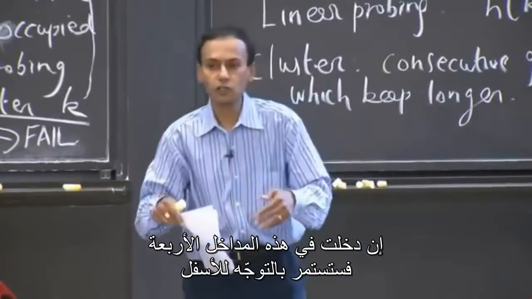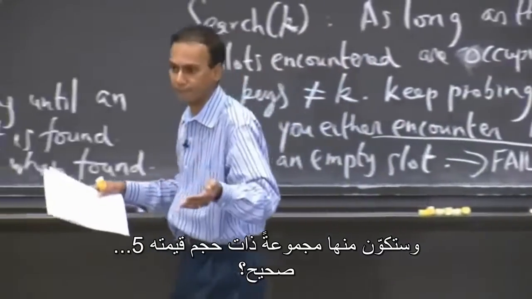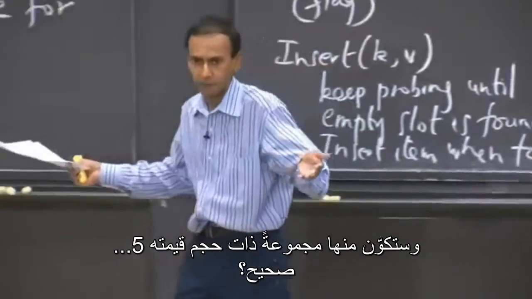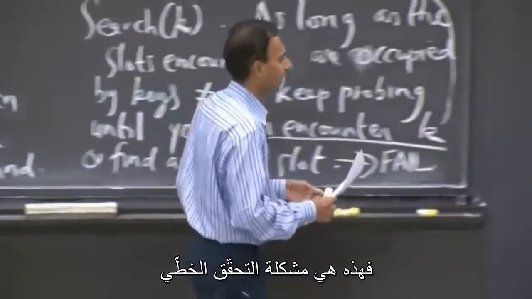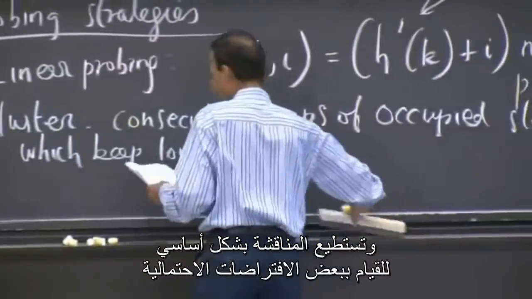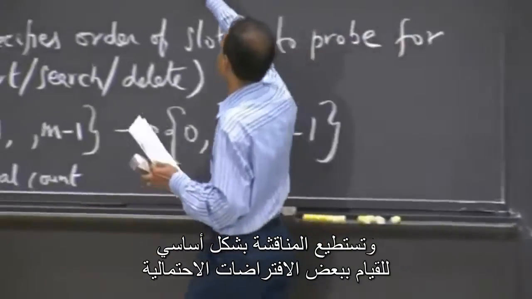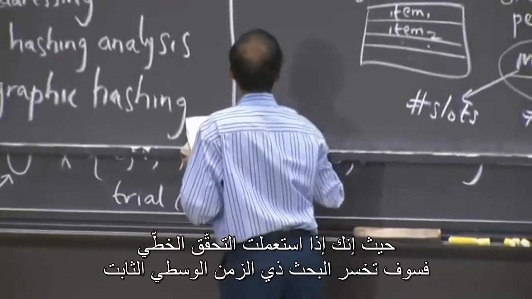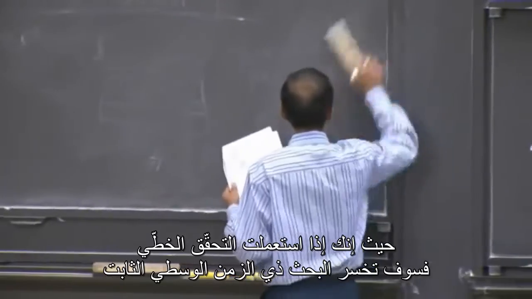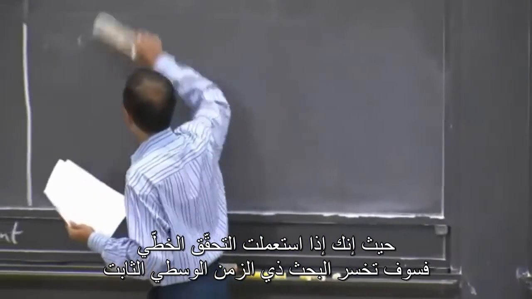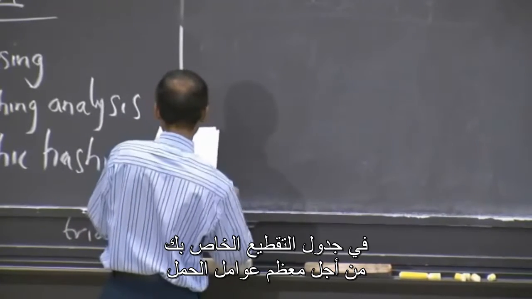And if you go into those 4 slots, you're going to keep going down to the bottom, and you're going to make that a cluster of size 5, right? So that's the problem with linear probing, and you can essentially argue, making some probabilistic assumptions, that if you use linear probing, you lose your average constant time lookup in your hash table for most load factors.